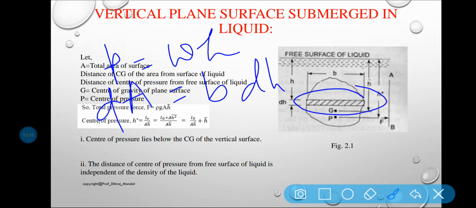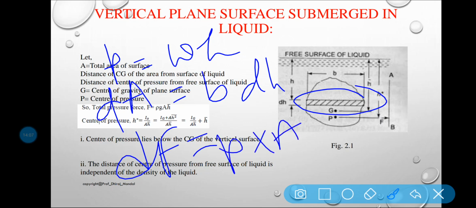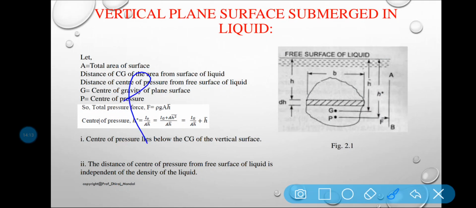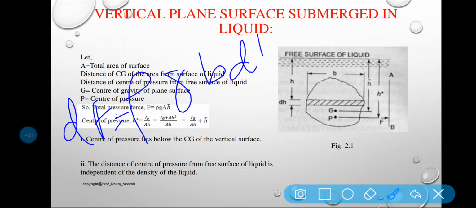Now the total pressure force on the strip, dF, is equal to pressure into area, so rho g H into B into dH.